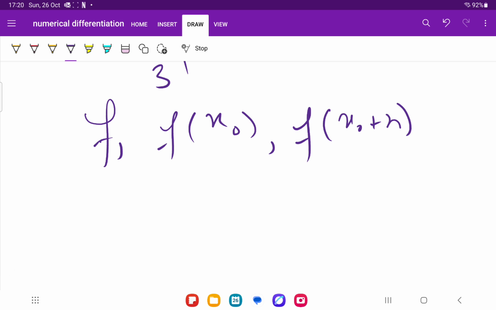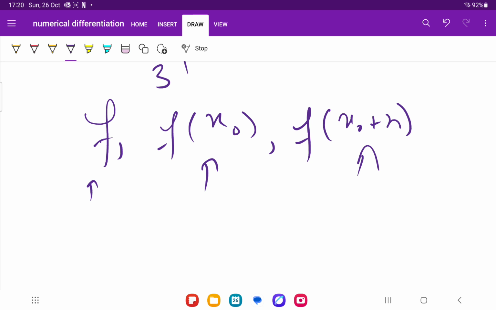If you have all these 3 things, you are ready to calculate the derivative.